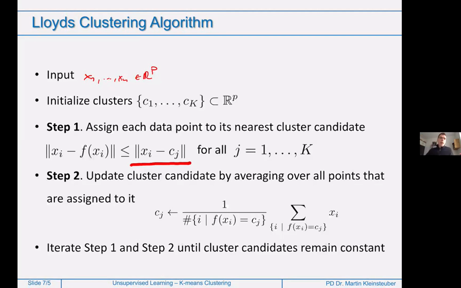Okay. You see that this algorithm is very easy, but of course you're not guaranteed to converge to some global optimum. You get stuck in local optima very quickly if you do not iterate well.